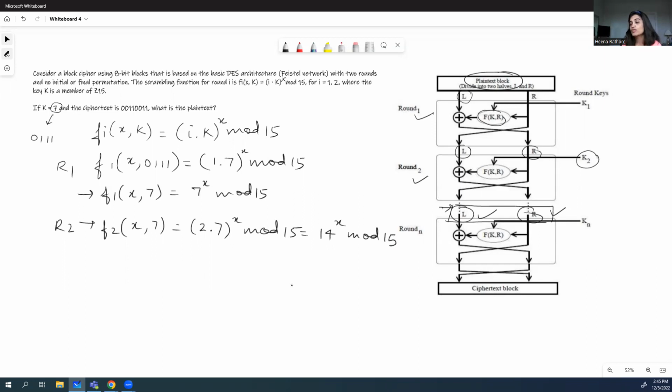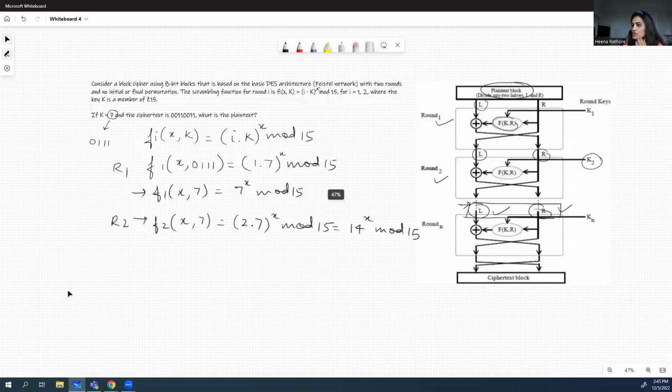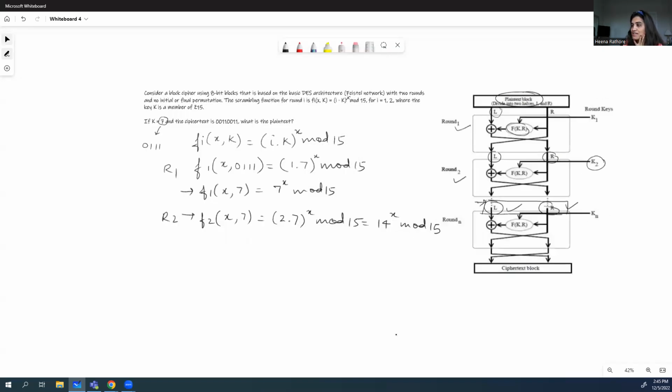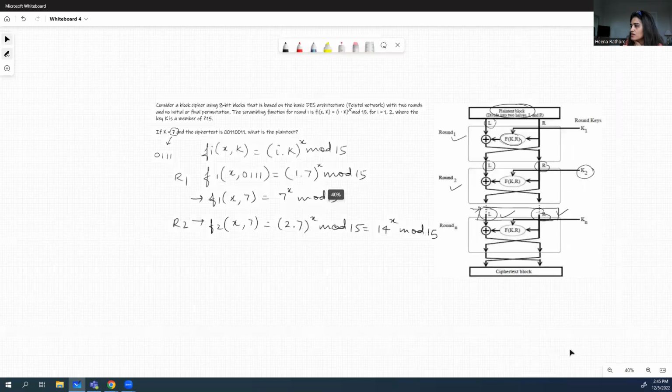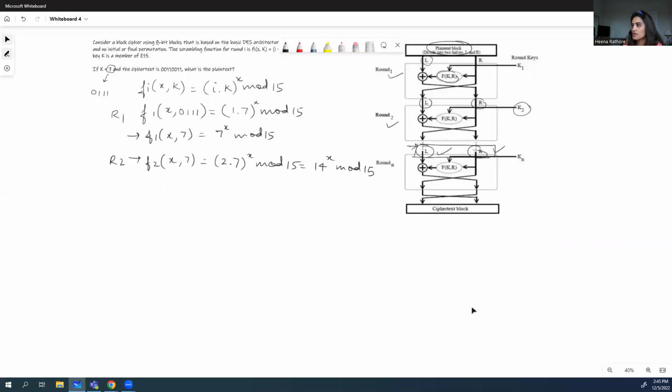So what we have to do is a similar kind of operation in order to get the value of the plaintext. Here the round 1 function is 7 to the power of x modulus 15, and the round 2 function is 14 to the power of x mod 15. So let's see how we would approach this particular problem.